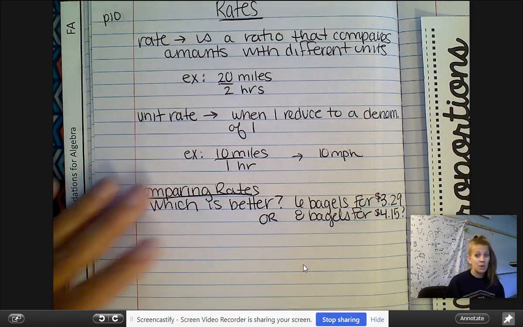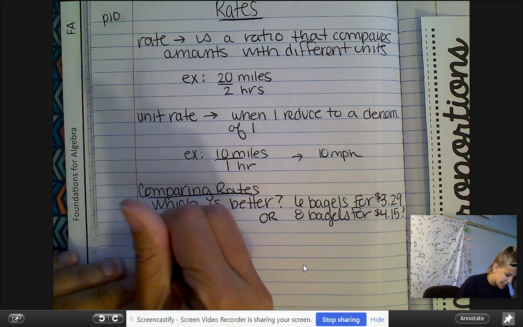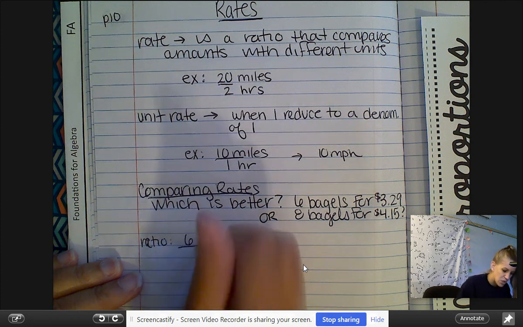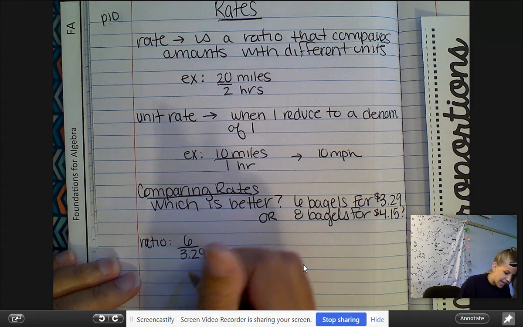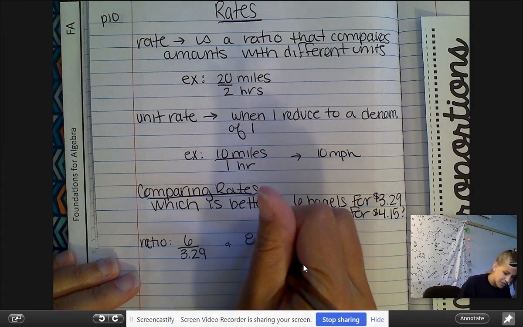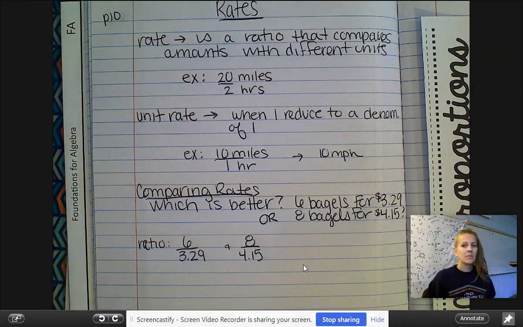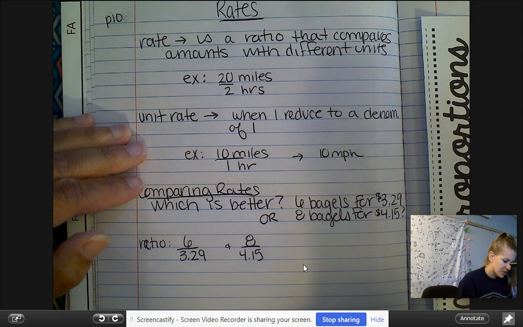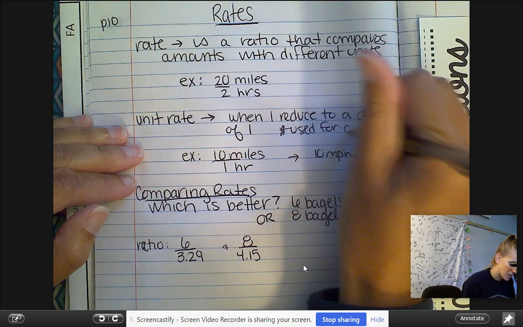To do that, we want to first set up our ratio. So our ratio here for these two different things is going to be 6 bagels to $3.29 and 8 bagels to $4.15. Now the really weird thing here is if I want to compare, I need to use a unit rate. So when I reduce, it's used for comparing.